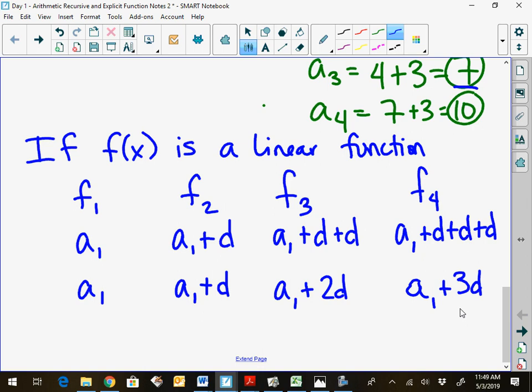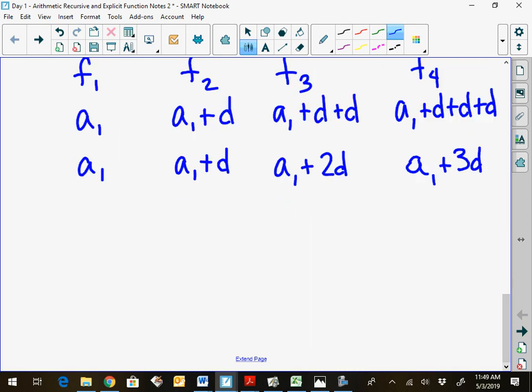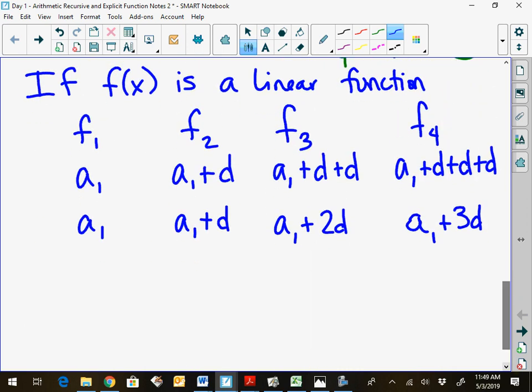So if we keep going, notice here that we always start with our initial value. So we have a sub 1 is our initial value. D is our common difference.